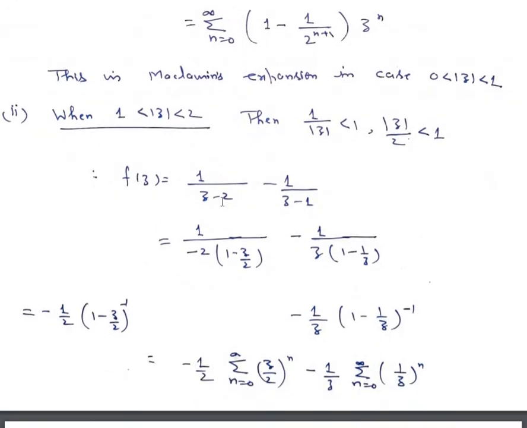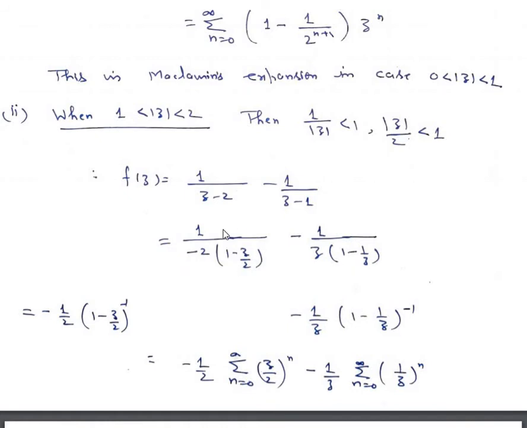Now f(z) is 1/(z − 2) − 1/(z − 1). Now we need |z/2|, so we take −2 common from this, so we have 1/(−2(1 − z/2)), and we need 1/|z|, meaning 1/z, so we take z common from this second term, so −1/(z(1 − 1/z)).